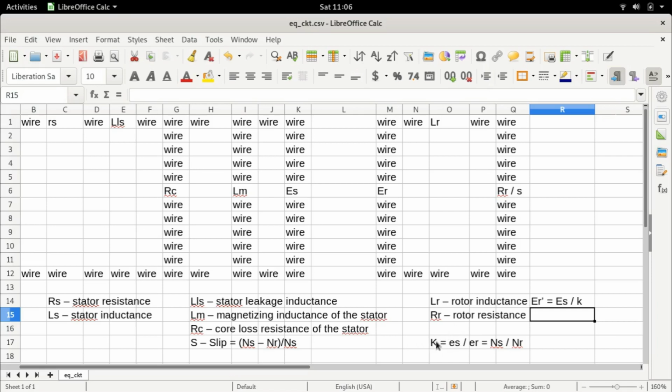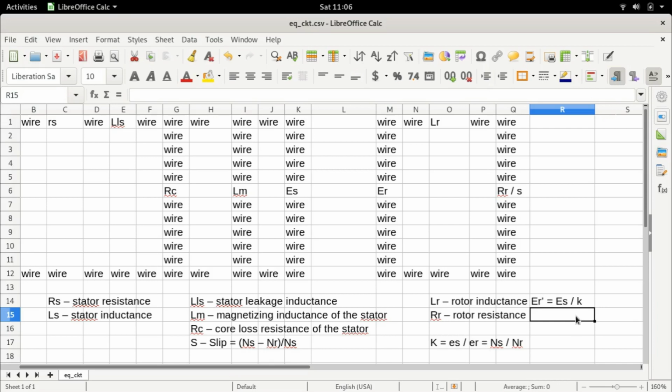Now it's important to understand that this turns ratio is just a definition. We can reverse it. We can say K is equal to ER divided by ES. That's also perfectly okay, and in that case, all you have to do is reverse this. In that case, ER dash will be equal to K into ES.